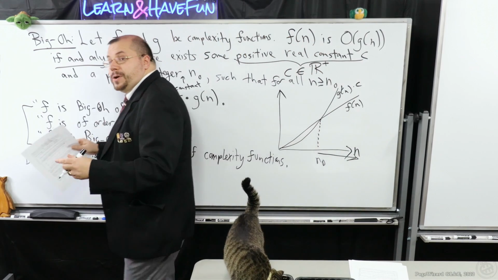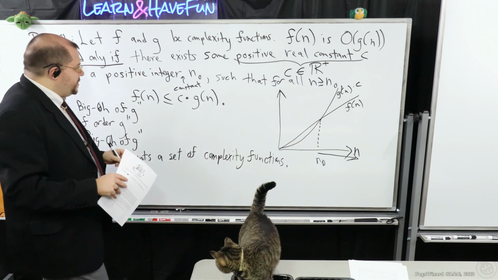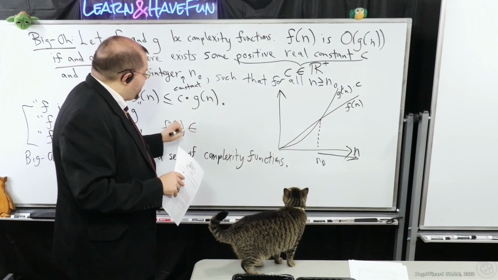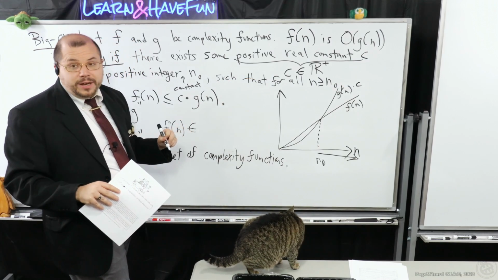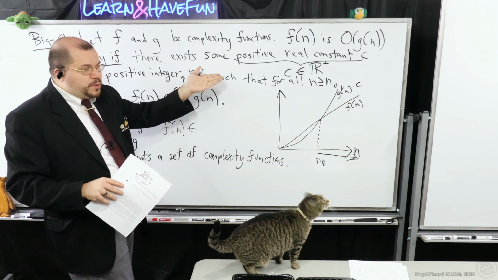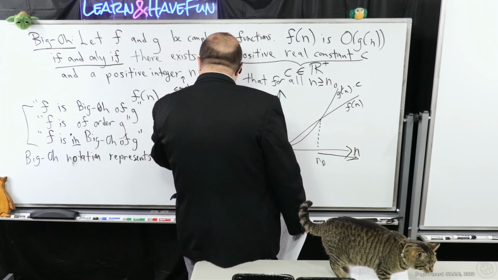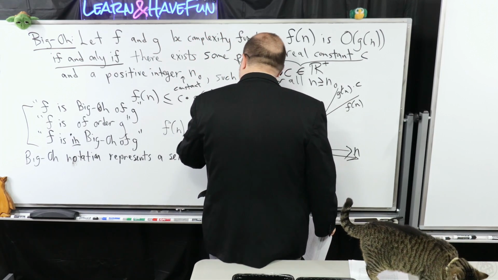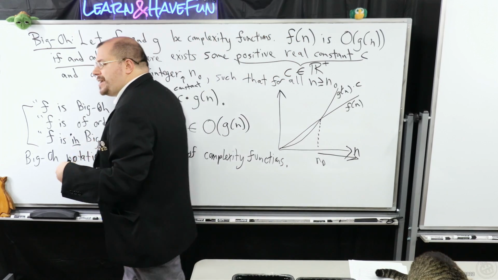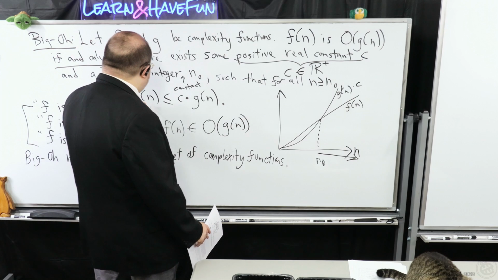So very often when somebody says the word "is", it literally means "is in", okay? So very often you'll see when somebody writes this, they'll say f is in, akin to what I just wrote over here where I had some element that is a part of some set. So in that case, a number is associated with a number set. Here a function is associated with a set of functions. So very often it's written like this. And we're going to see that with big O, it operates as an asymptotic upper bound.